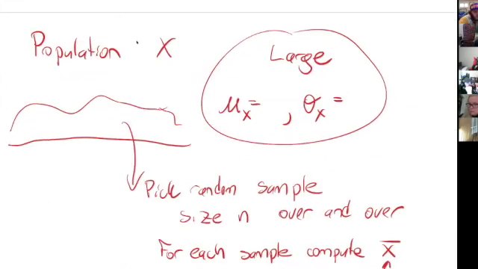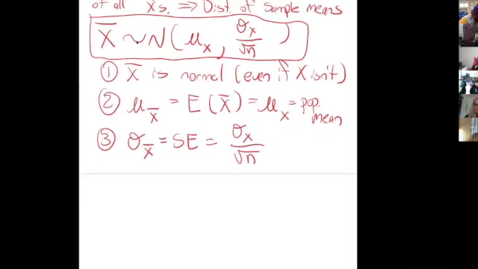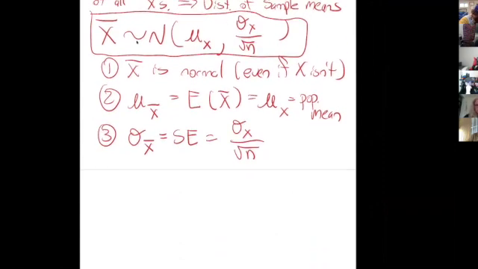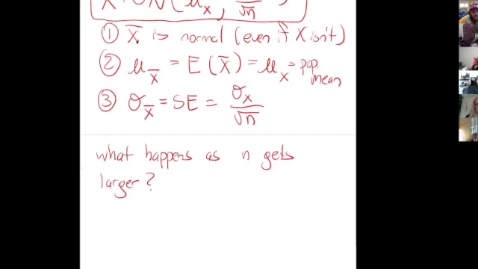So just one last comment about the central limit theorem. We can think about what happens to the sampling distribution for the mean as n gets larger, n being the sample size.